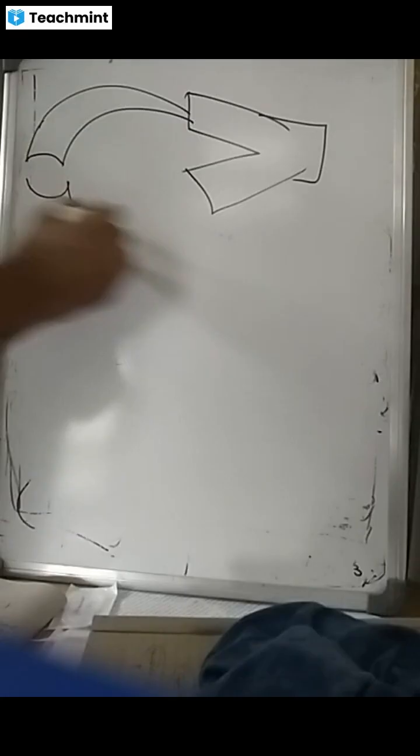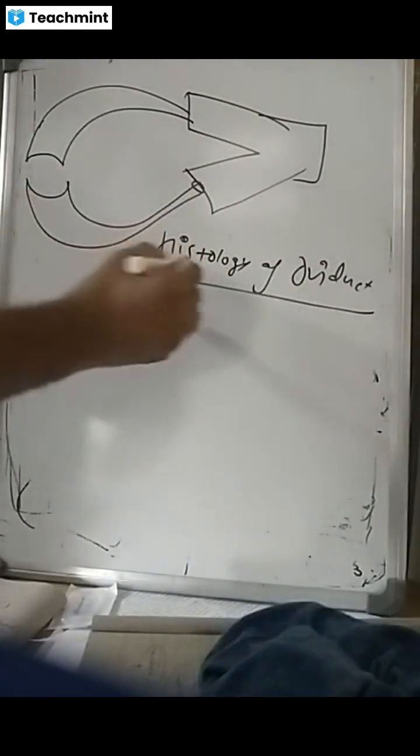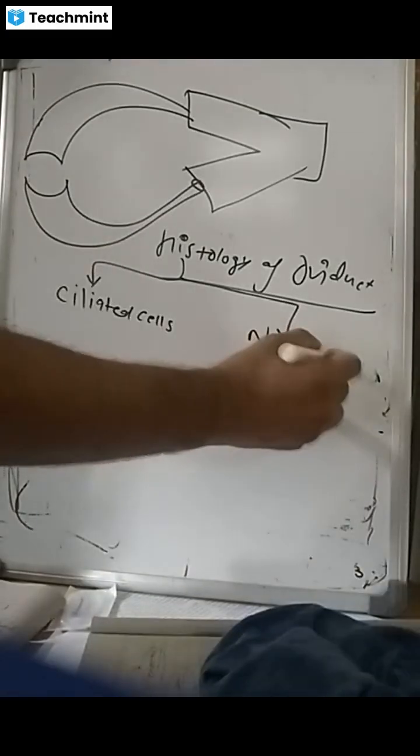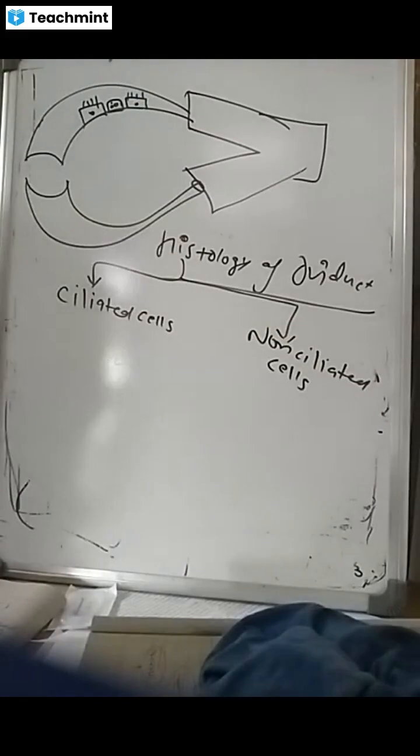Something about the oviduct. In the oviduct, ciliated cells are found, and non-ciliated cells.